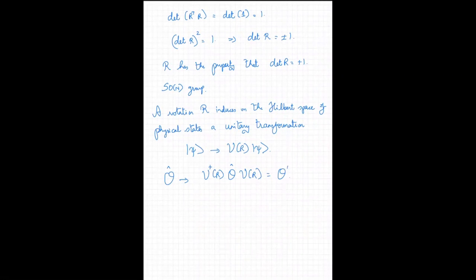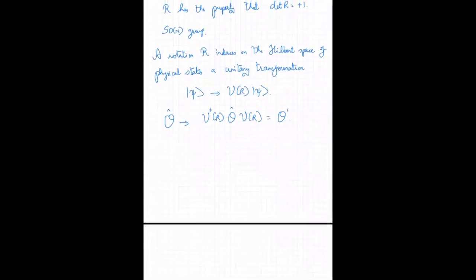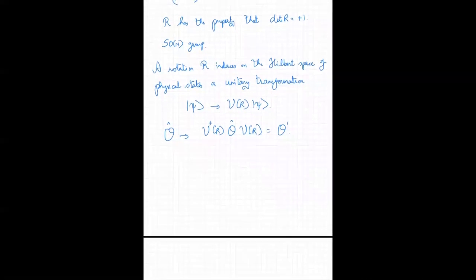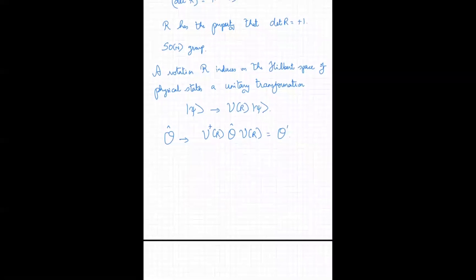Okay. So suppose you have a vector operator. So what is a vector operator? A vector operator is not just an operator that has three indices, V1, V2, V3, but a vector operator is the one that transforms under this induced unitary transformation on the Hilbert space as follows. U dagger(R) acting on a component of this vector operator V. If this gets transformed, this becomes some other operator Vi prime.